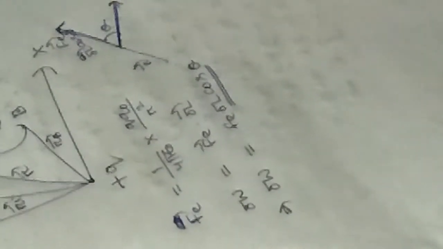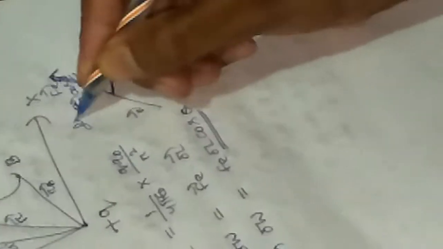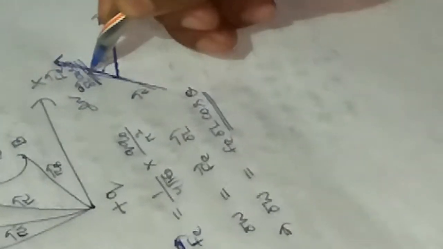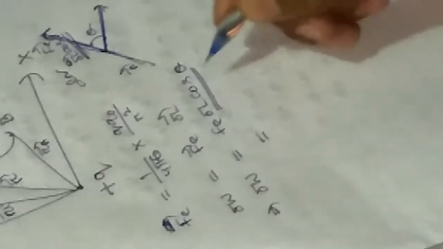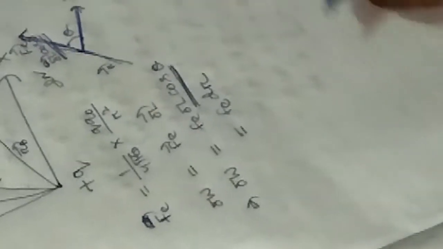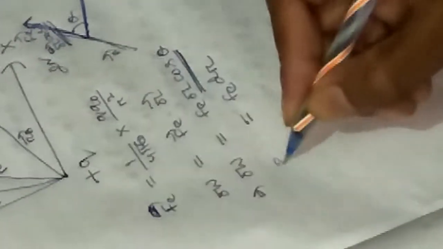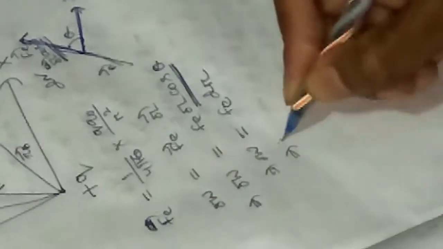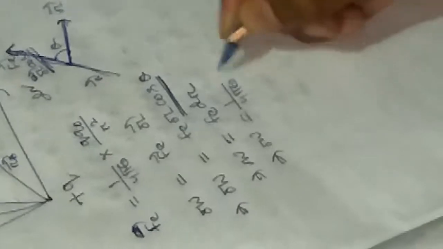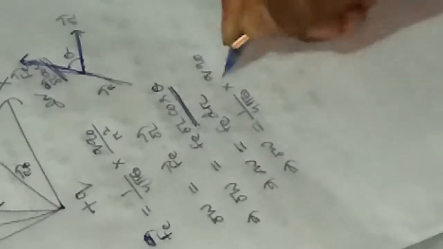Now I can represent delta L cos theta as dr, because dr is the increasing direction of r. So F_e into dr. It implies delta W is equal to 1 by 4 pi epsilon 0 into q node upon r square into dr.